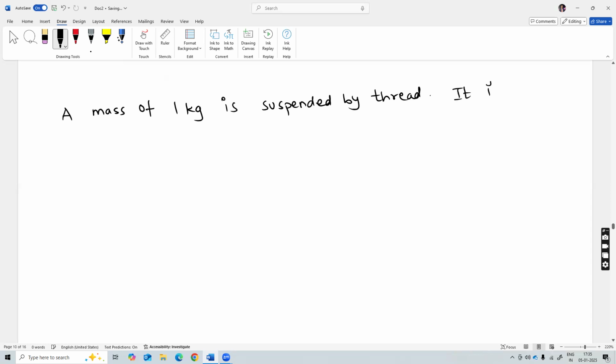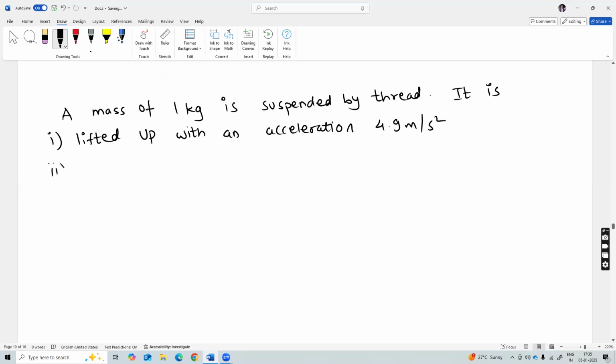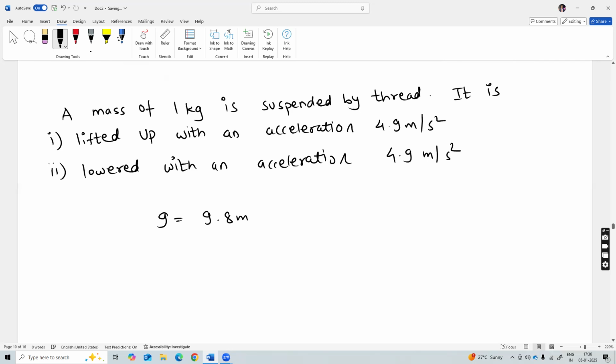It is first lifted up with an acceleration of 4.9 meter per second square, then lowered with an acceleration of 4.9 meter per second square, and g is given as 9.8 meter per second square.